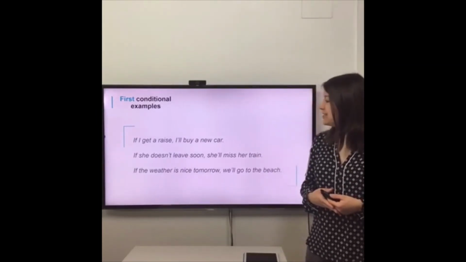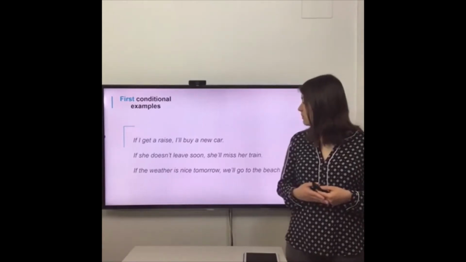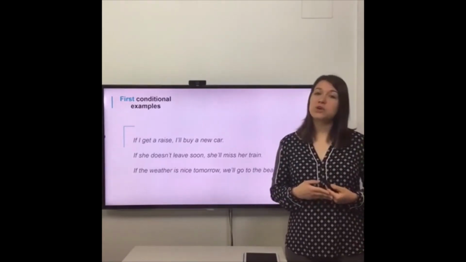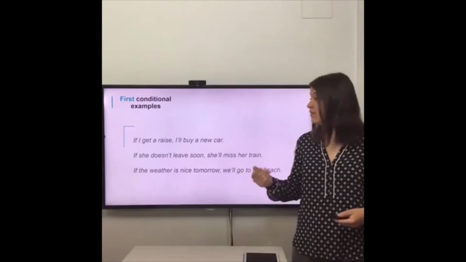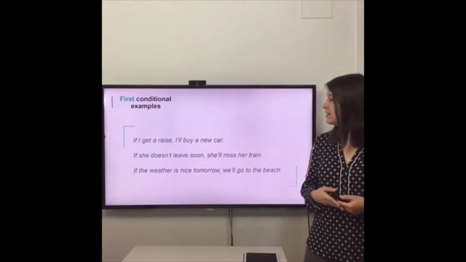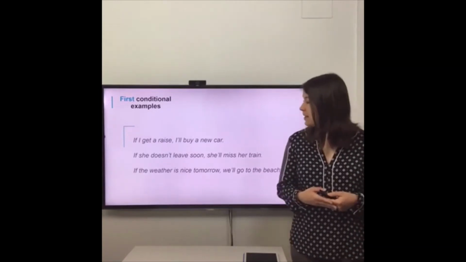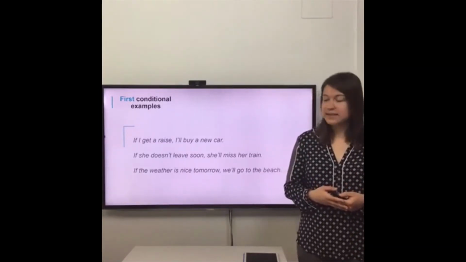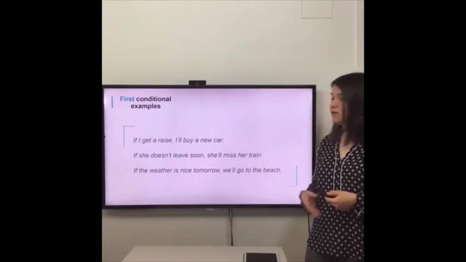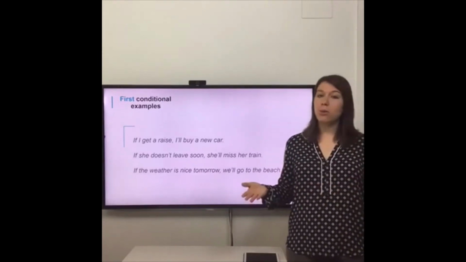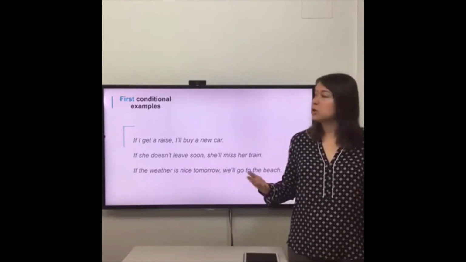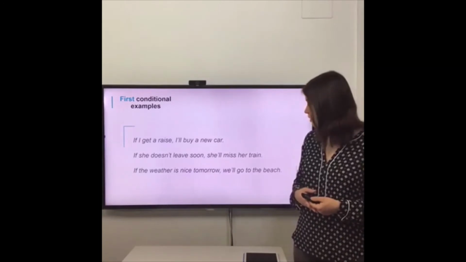If she doesn't leave soon, she'll miss her train. So we can also use this in the negative. If she doesn't leave soon, she will miss her train. And last example: if the weather is nice tomorrow, we'll go to the beach. When you talk about weather, it's always unsure, so we use the first conditional.